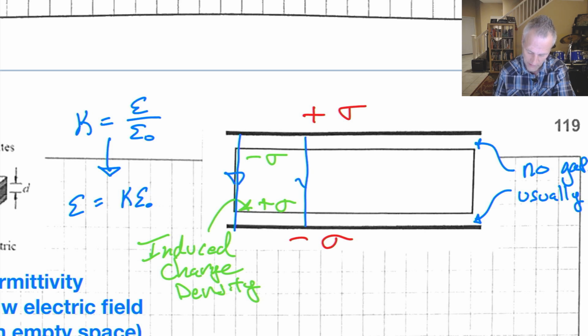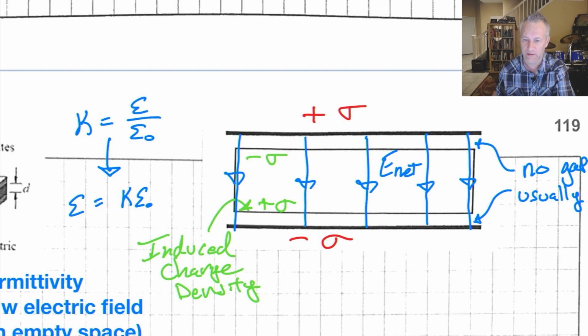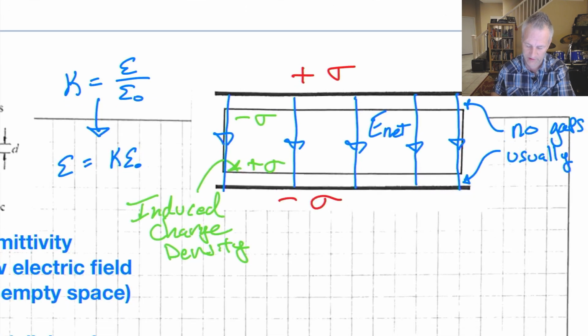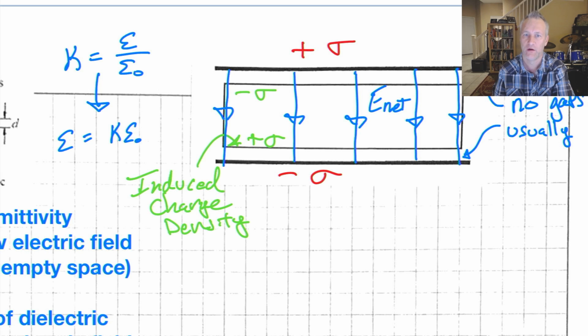I'm going to try to draw my lines roughly parallel, because in a parallel plate capacitor we have a uniform electric field. This is the net electric field on the inside of the plates. That means it's the field from the plates minus the induced field of the dielectric.